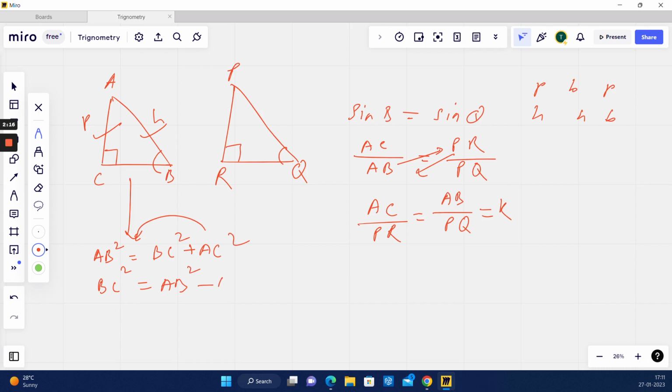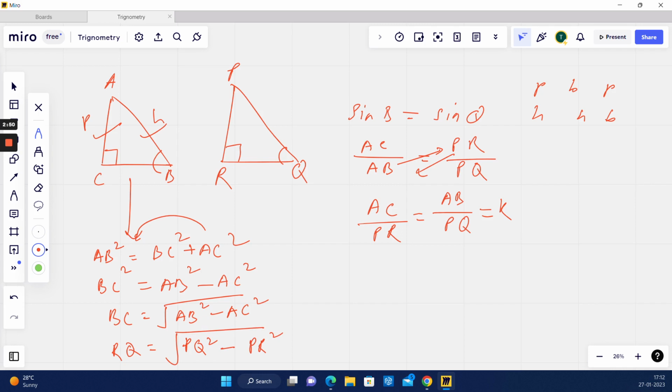This will become minus of AC square, right? So BC equals the square root of AB square minus AC square. Similarly for RQ you can write the square root of PQ square minus PR square, right?